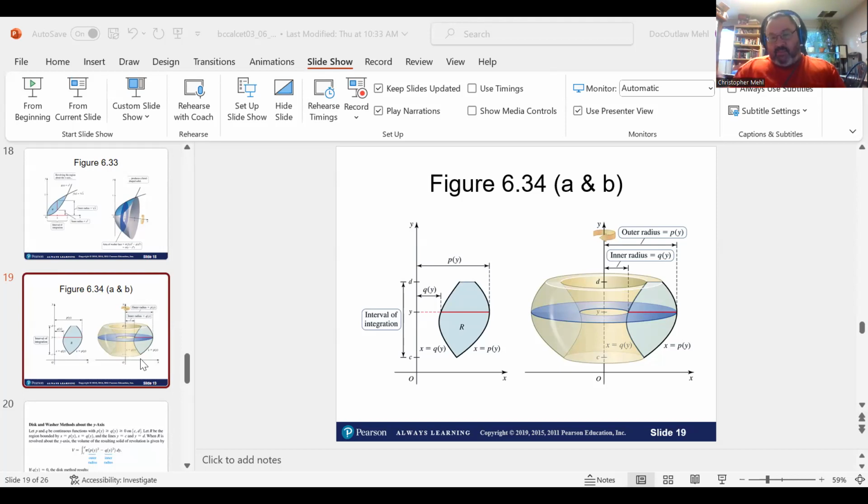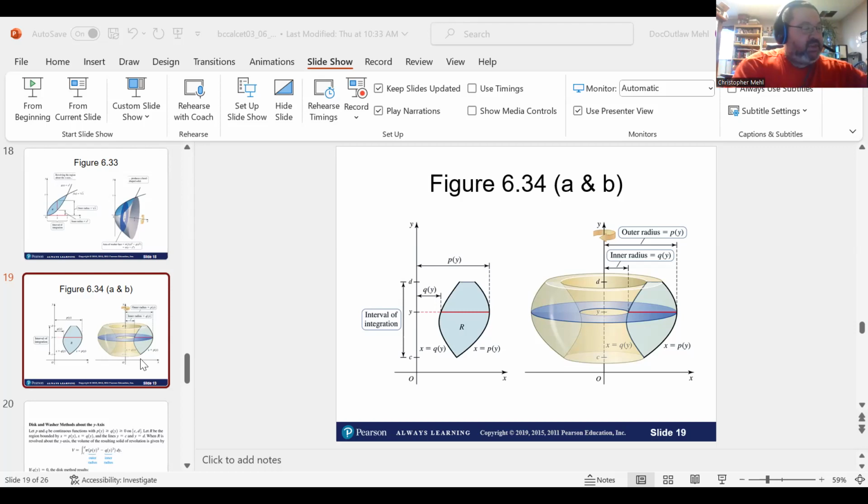Well, you can do the same thing with a region that you spin about the y-axis, where now the cross sections are perpendicular to the y-axis instead of the x-axis, and the slices run parallel to x instead of y. It's just the same setup, but now the slices are perpendicular to y instead of x.